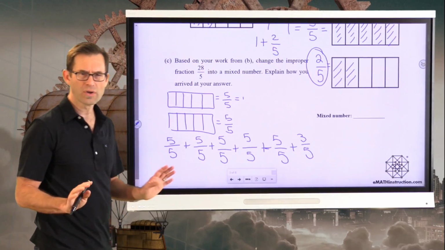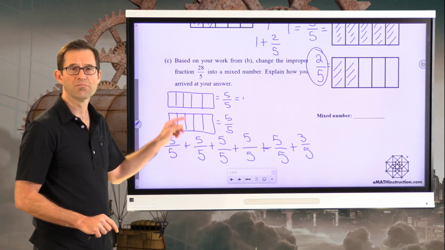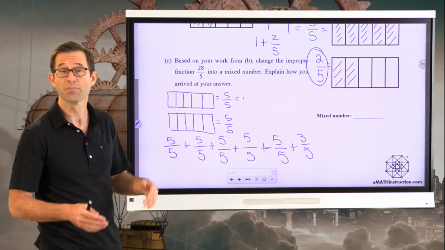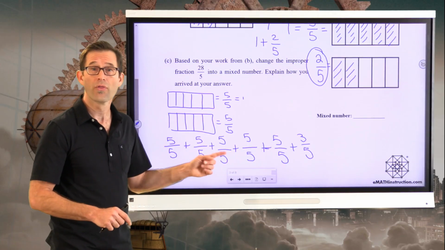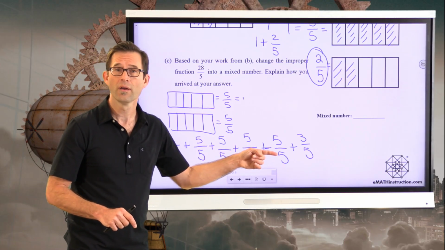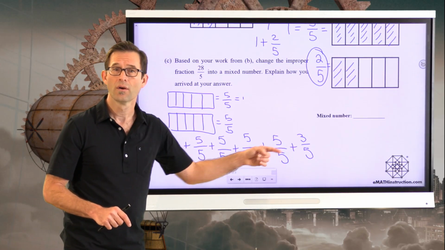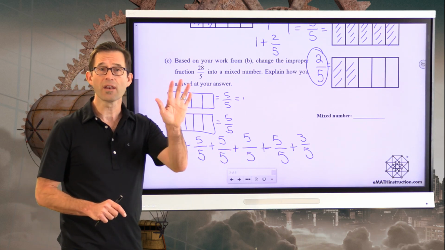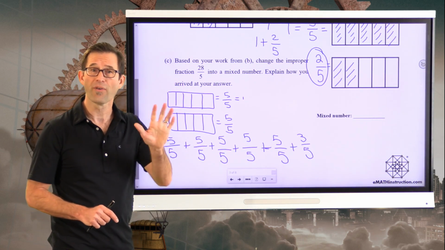And again, make sure you understand, 5/5, that's just 1. Another 5/5, that's 10/5, but then that would be 2, 3, 4, 5, and 3/5. Each one of these is just a set of 5/5, and we have 5 of those.